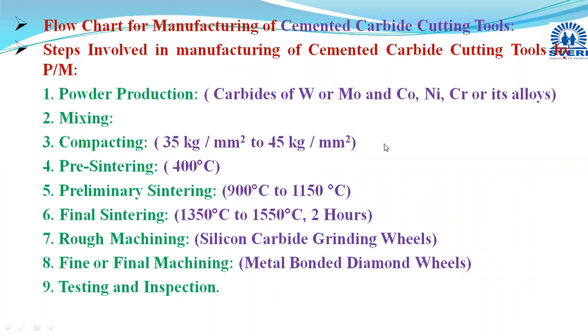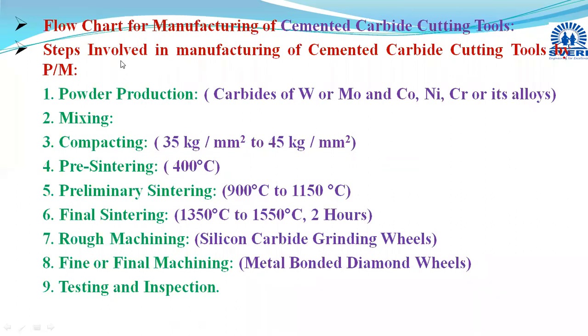Okay, now this is the third component that we are going to discuss, the manufacturing of cemented carbide cutting tool. These are the steps involved in the manufacturing of the cemented carbide cutting tool.